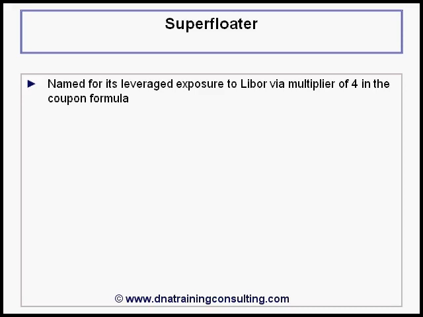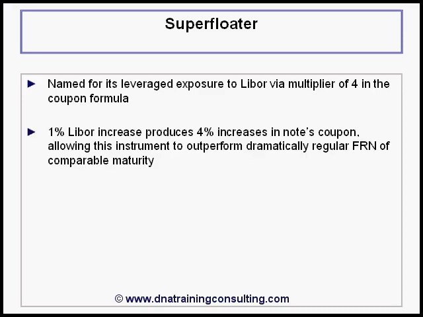For each increase of 1% in the LIBOR rate, this instrument sees its coupon rising by 4%, allowing its performance in coupon terms dramatically to outperform that of a regular FRN of comparable maturity.